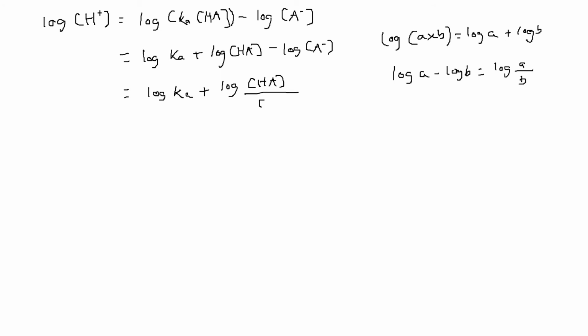So you see we've taken the log of minus log and converted it to log one over the other instead. So we ended up with the expression that log H plus there is equal to log of Ka plus the log of HA over A minus.